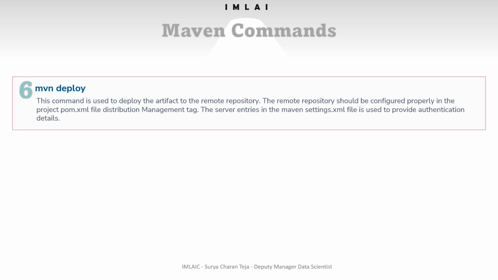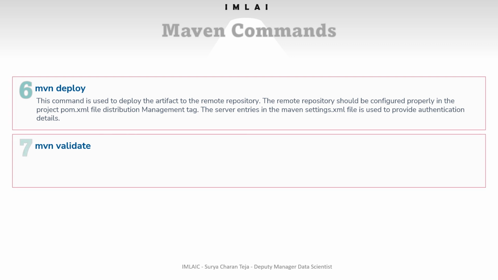We're going to do up to install and package. But if you want to do a deploy, the most important activity is to enter the pom.xml, find the distributionManagement section, and then the server entries in the Maven settings.xml file, where you give the authentication details of the server where you want to deploy.